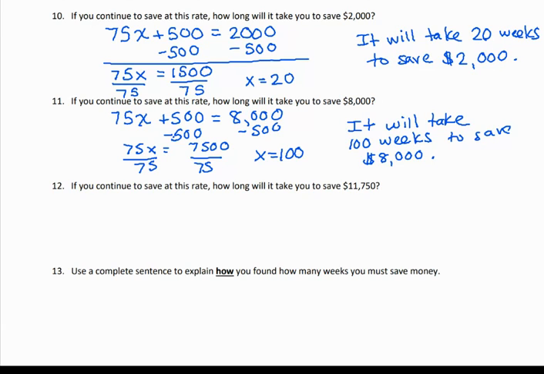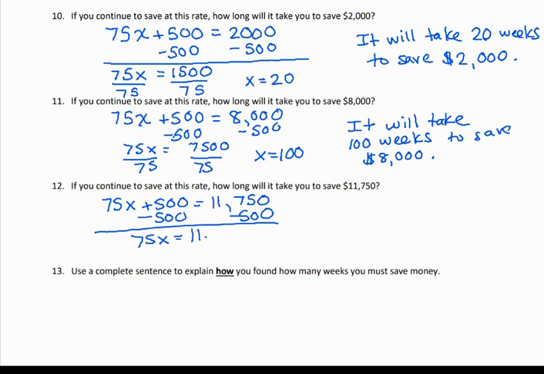So for number 11, did you get 100? Yeah. Yes, good. So 100 weeks for number 11. For number 12, again, same deal. 75x plus 500 is going to equal 11,750. Subtract our 500. 75x equals 11,250.